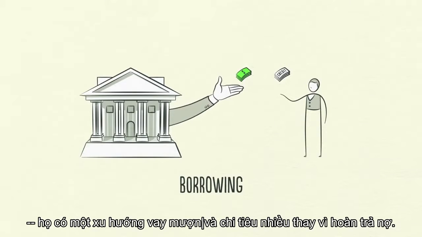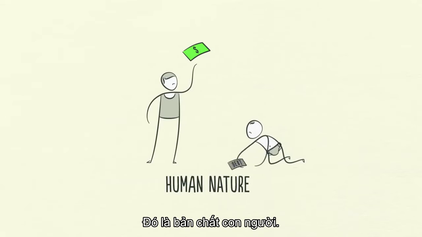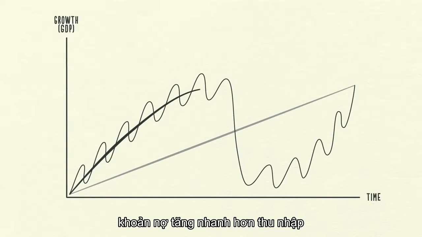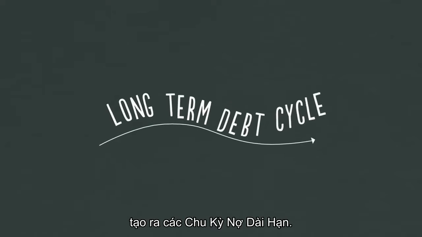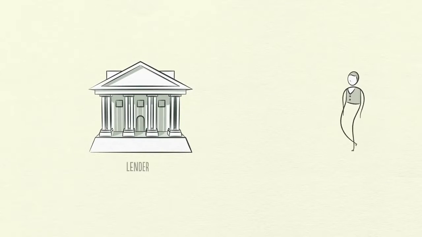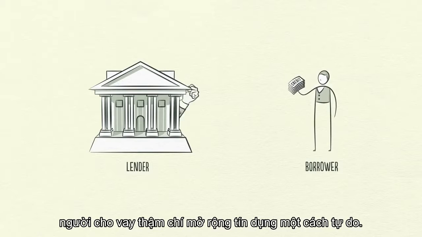Because people push it. They have an inclination to borrow and spend more instead of paying back debt. It's human nature. Because of this, over long periods of time, debts rise faster than incomes, creating the long-term debt cycle. Despite people becoming more indebted, lenders even more freely extend credit.